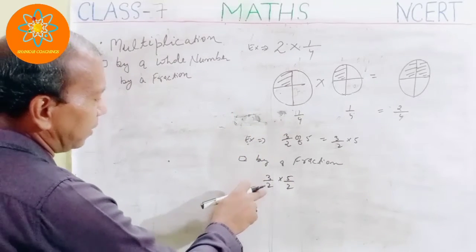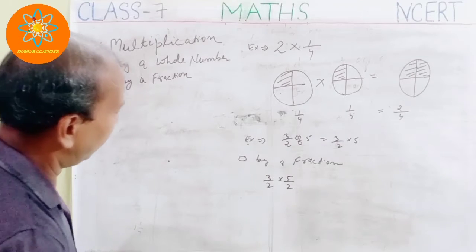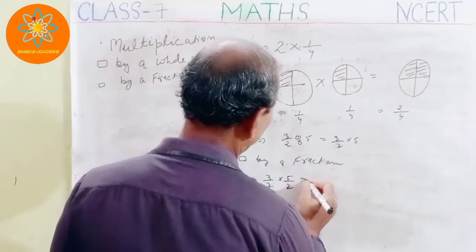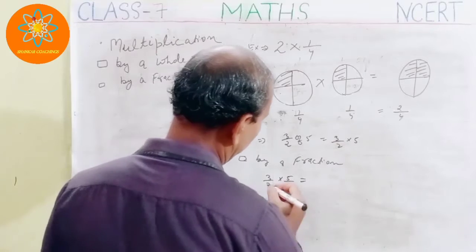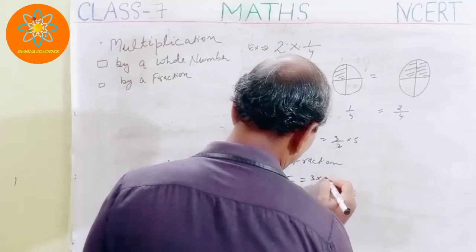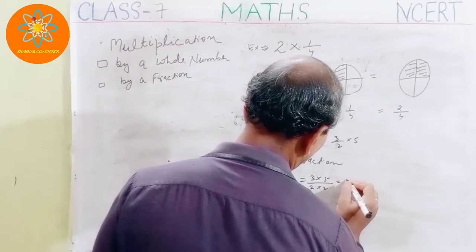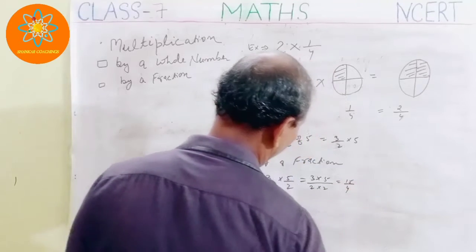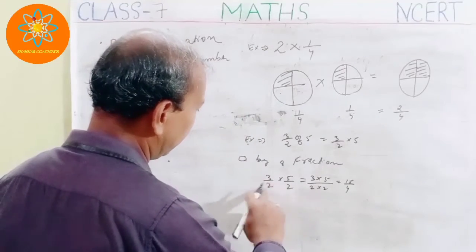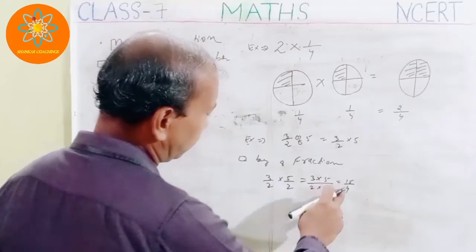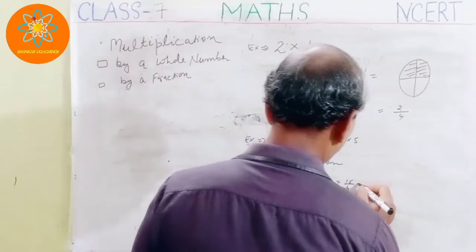So we are multiplying a fraction by a fraction. In this case, we will multiply numerator to numerator and denominator to denominator. So this is equal to 3 into 5 divided by 2 into 2, that is 15 by 4. So numerator is multiplied by numerator and denominator by denominator. This also you can change into a mixed fraction. So that is equal to how much?